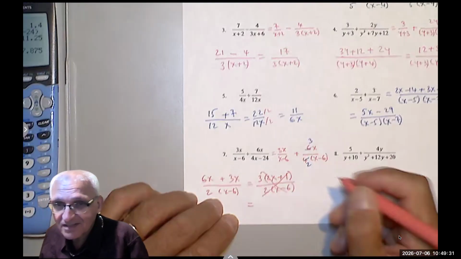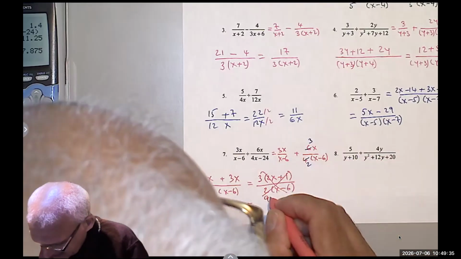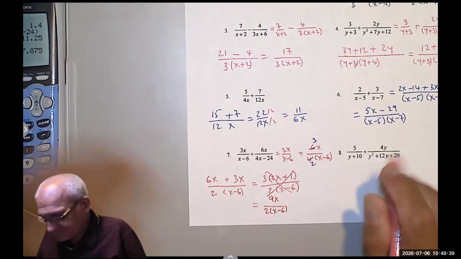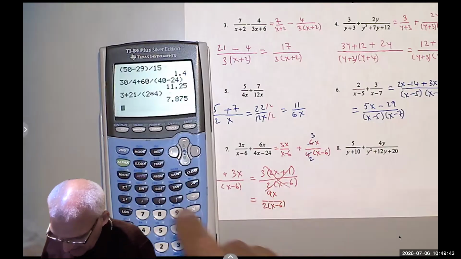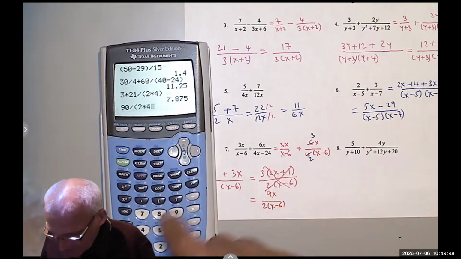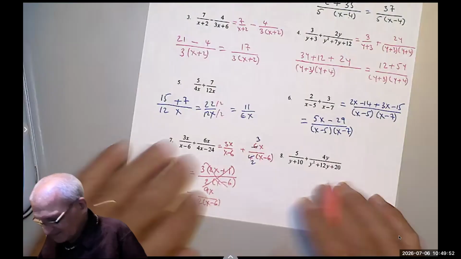They use a different color, so it confused me. That should be 9x over 2 times x minus 6. I wouldn't get a full mark here. So this is 90 divided by 2 times 4, and I get the 11 and a quarter. Ouch, that hurts.